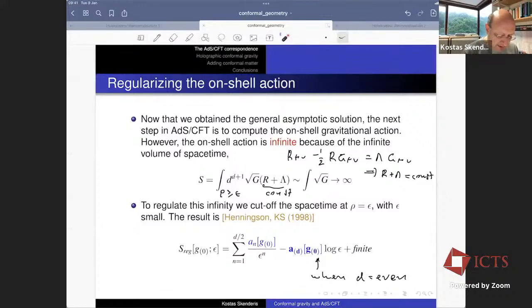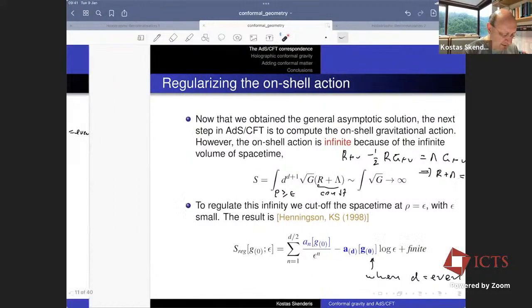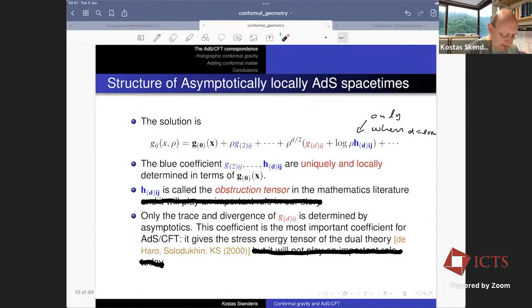And actually, the most complicated part in this original way, when we did the computation not a very long time ago, was to find a way to convert this into covariant counterterms. That involves starting from this asymptotic series and inverting it, to find the boundary conditions in terms of the field at the cutoff.